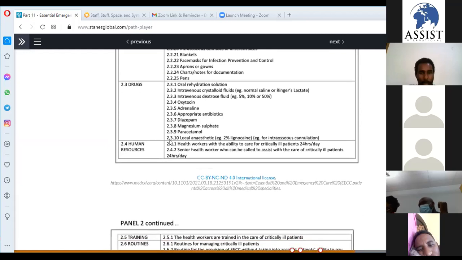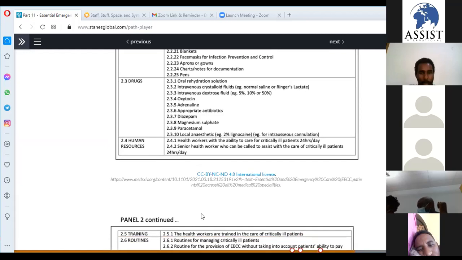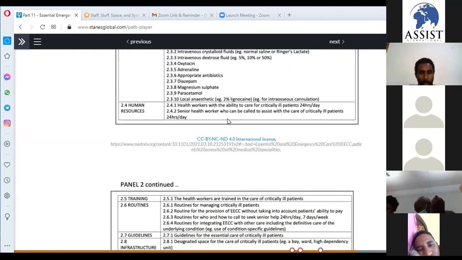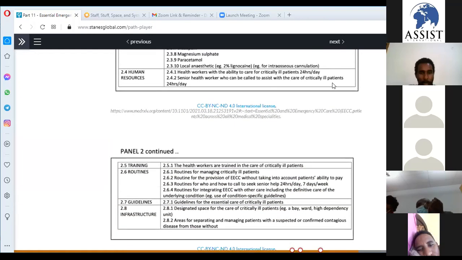From the drugs, we said you may need glucose, adrenaline, magnesium sulfate, local anesthetics. Some common drugs that are available in every hospital are sufficient to provide appropriate care. Human resource, we talked about that.